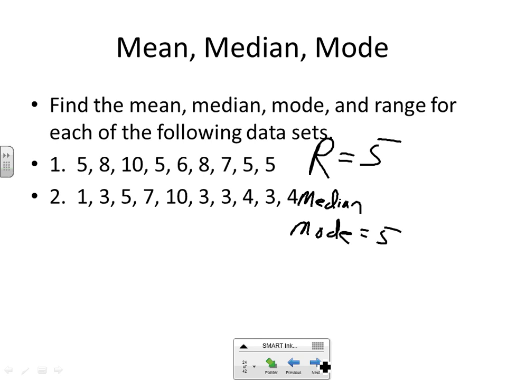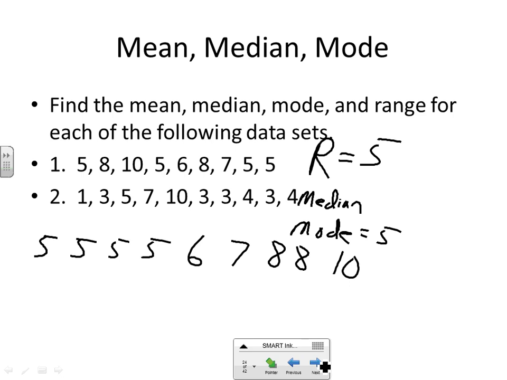To find the median, we need to put them all in order from smallest to biggest. So we've got 4 5s. Then we've got a 6. We've got a 7. We've got 2 8s. And we've got a 10. So we've got 1, 2, 3, 4, 5, 6, 7, 8, 9 numbers.